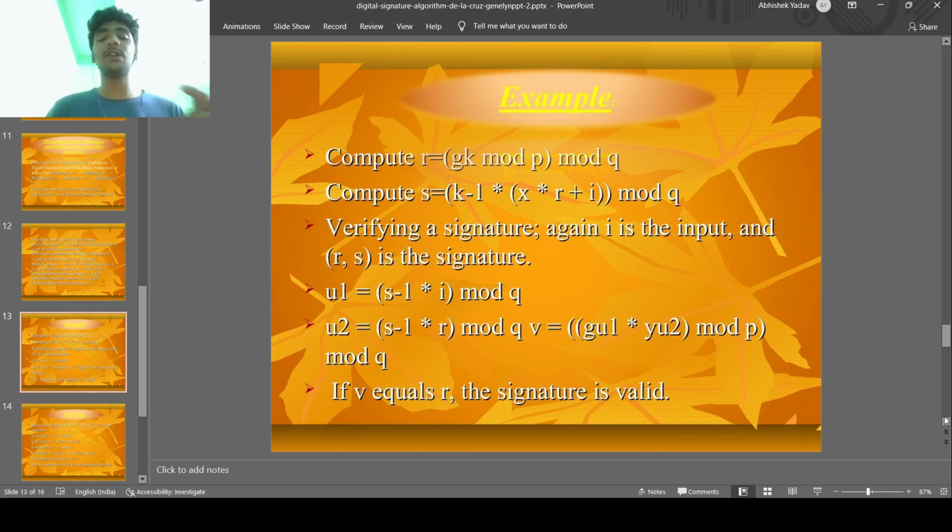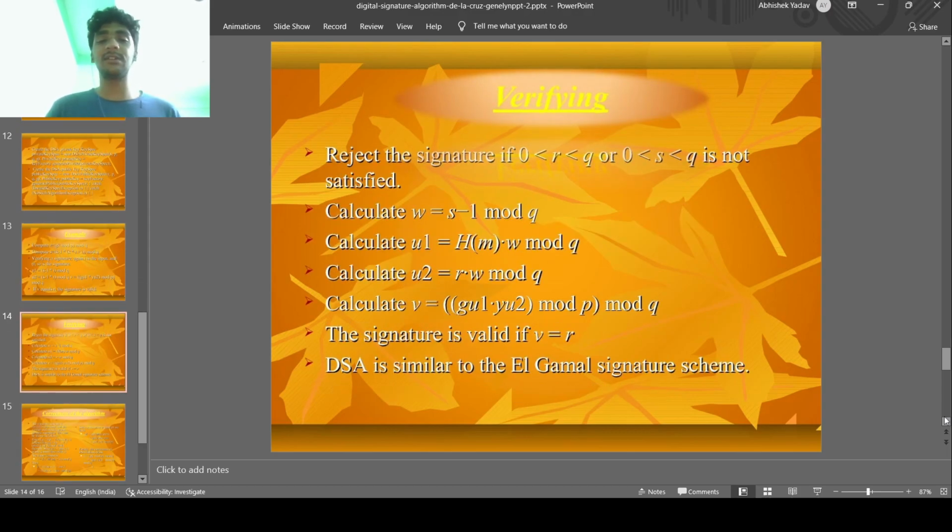After we calculate u1, u2, and v, we check if v equals r. If v is equal to r, then we can say that the signature is valid and the message has not been tampered with. So this is how we verify the algorithm.